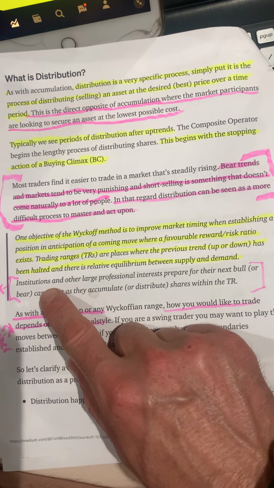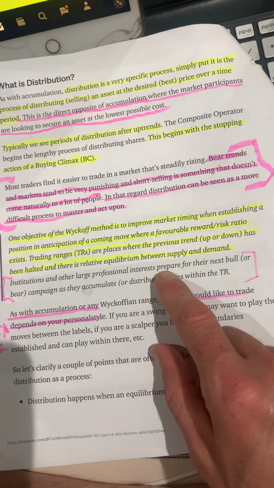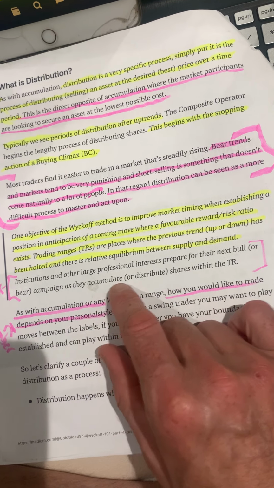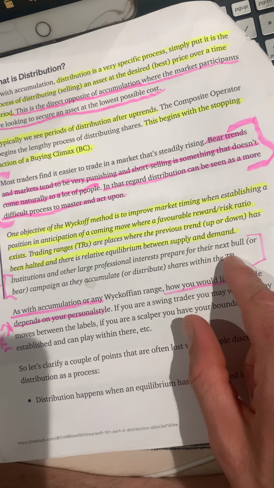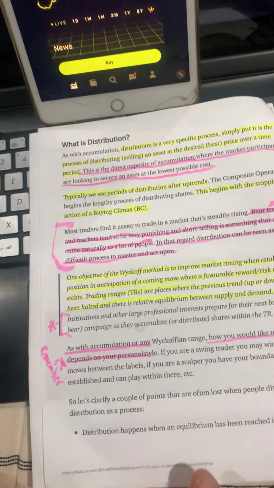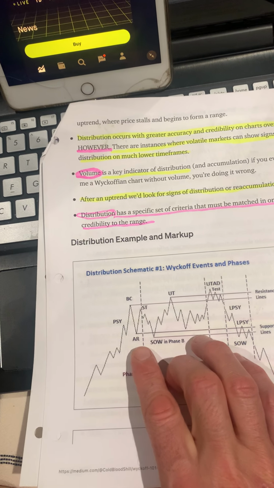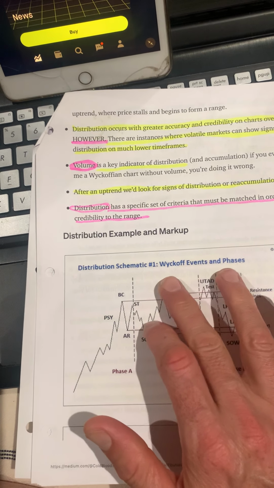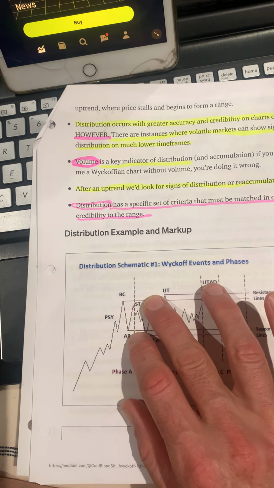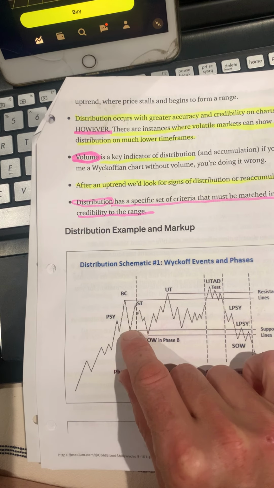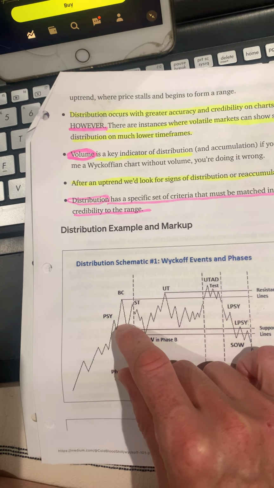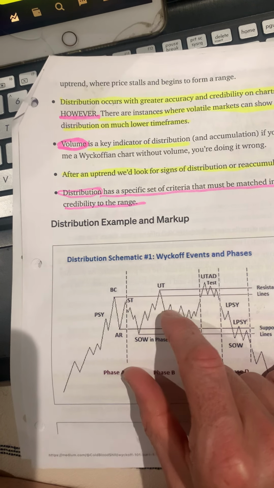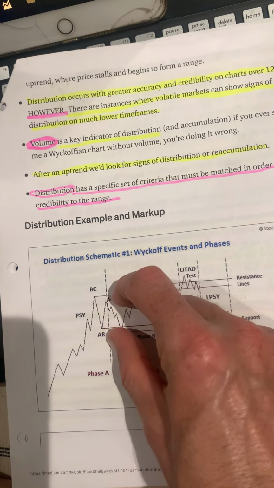Institutions and large professional interests prepare for their next bull or bear campaign as they accumulate or distribute shares within their TR. TR is right here. Look how much room there is. That's a lot of room to move versus here or there. You've got a lot more room right there.